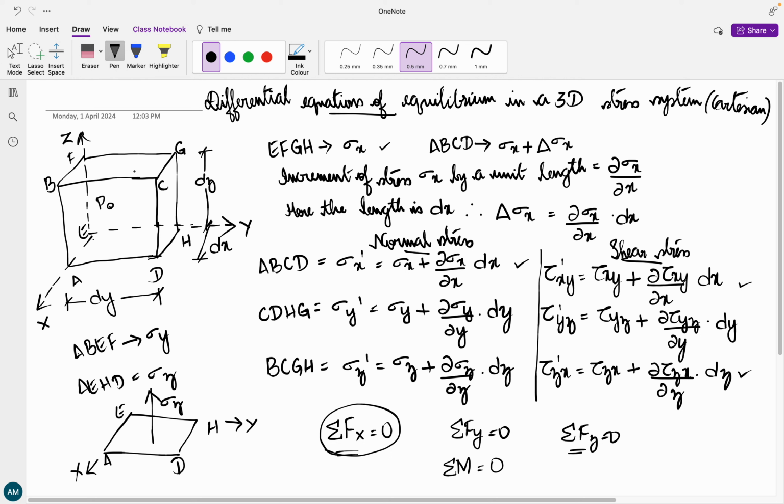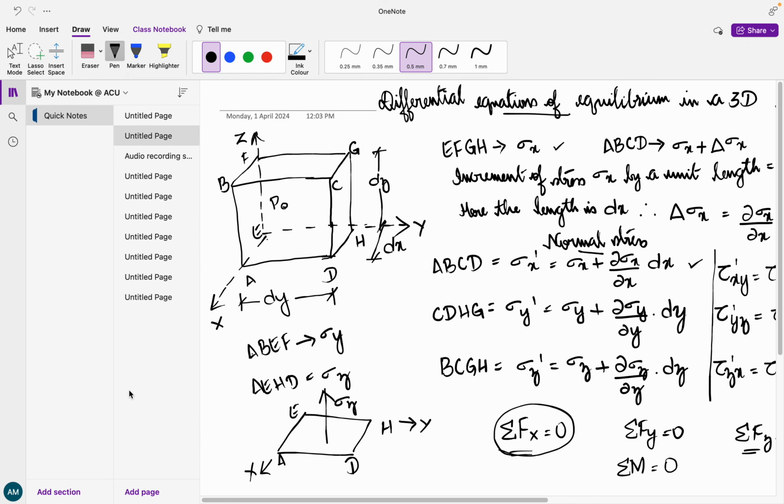First, let us try to arrange these forces of normal and shear stress, both the normal stress and shear stress, in your parallelepiped. Once you write it in your parallelepiped, then it is going to be very easy for you to take up the equilibrium condition, that is summation fx is equal to 0.